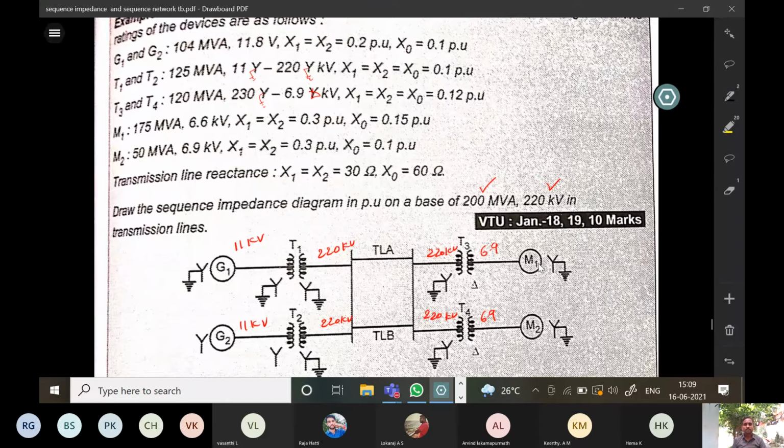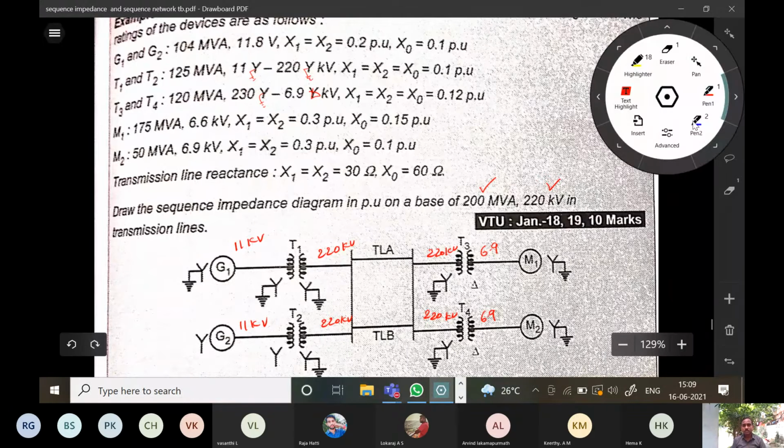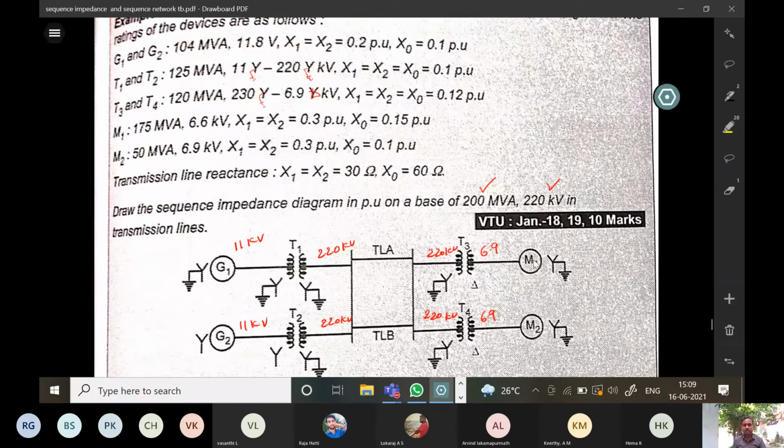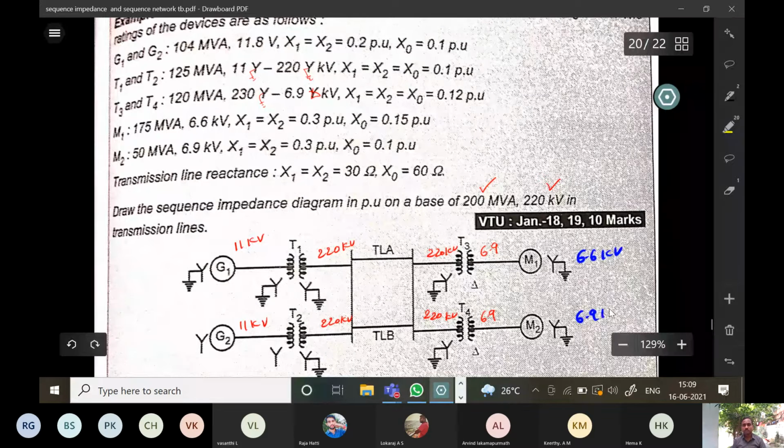But the actual value of the motor, how much is it? The actual voltage of the motor: the first motor is 6.6 kV, the second motor is 6.9 kV. In the second motor, 6.9 and 6.9 are equal. In the first motor they are not equal, 6.9 and 6.6.